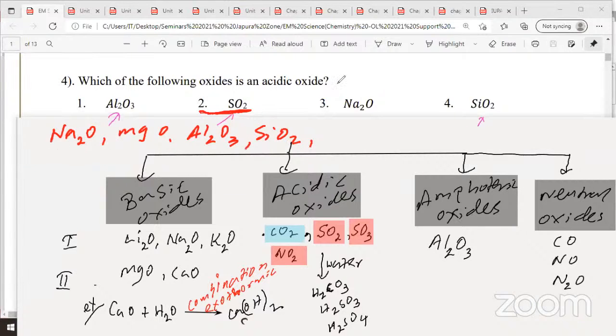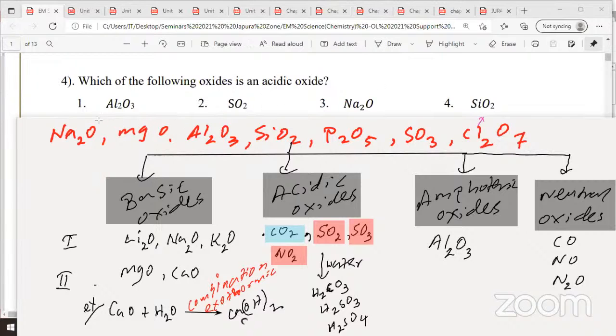What can you say about the acidity or basicity gradually? You start with the strongest basic oxide, sodium oxide. Then you can write phosphorus, P2O5, then sulfur trioxide, SO3, then chlorine, Cl2O7.